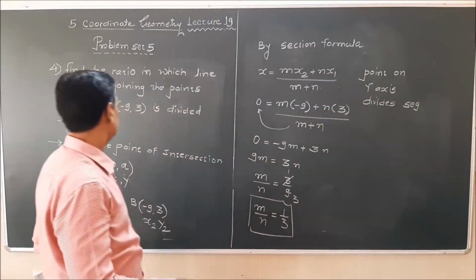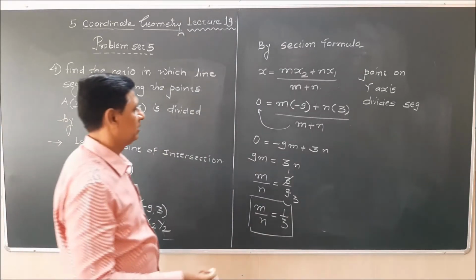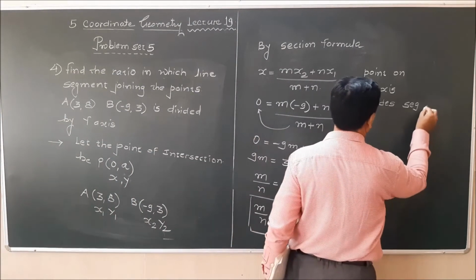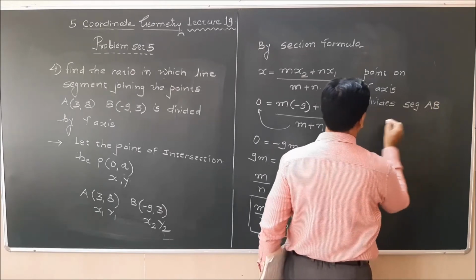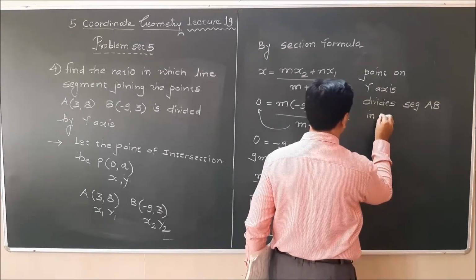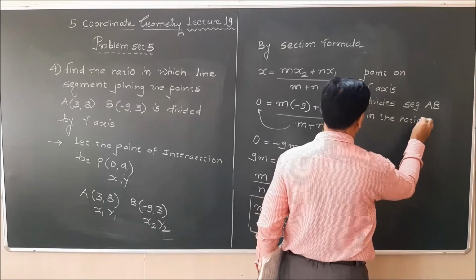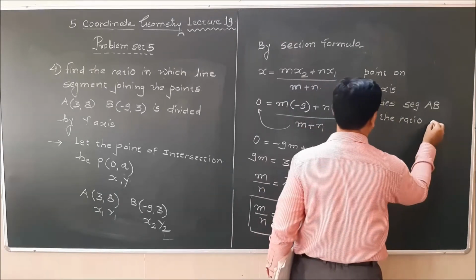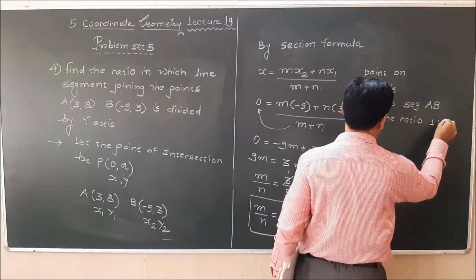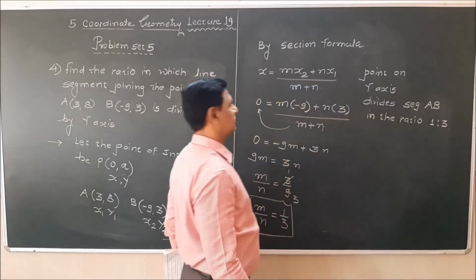The name of segment is AB, in the ratio 1 is to 3.